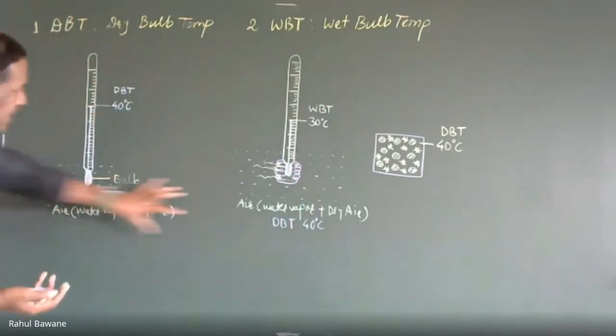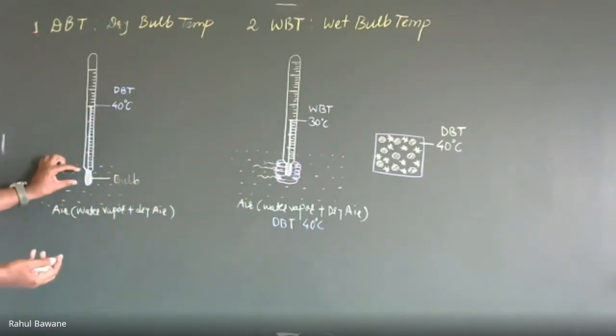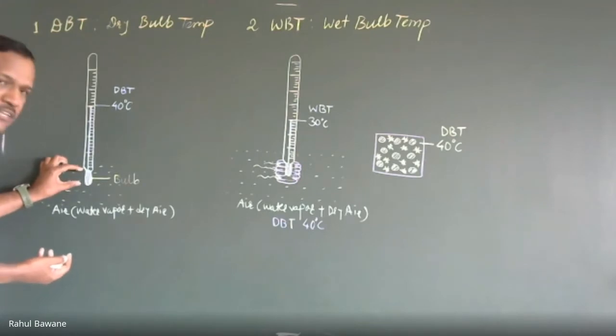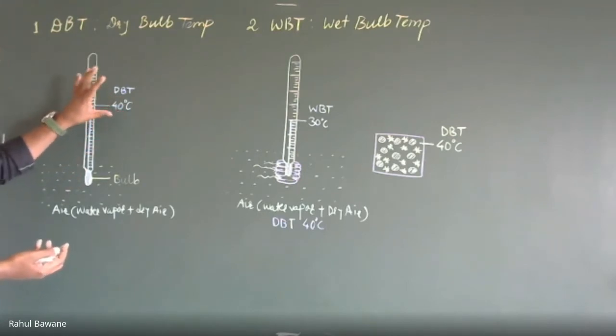The air is the same. First we measure with a naked mercury bulb, so it is showing 40 degrees centigrade, so we say it is the dry bulb temperature.